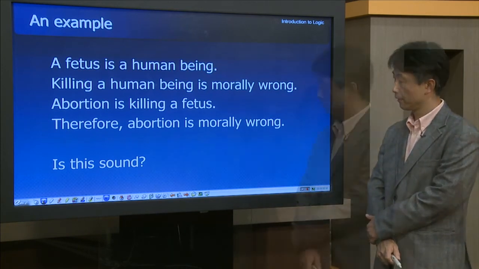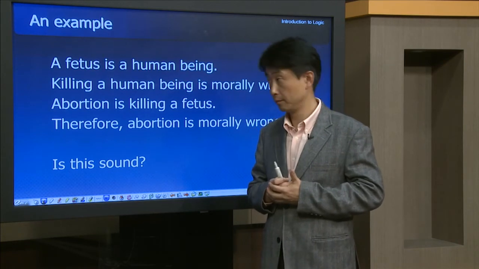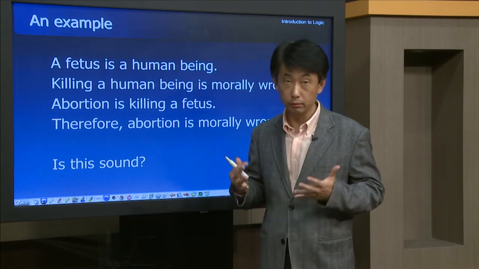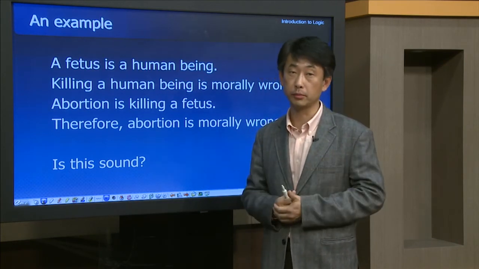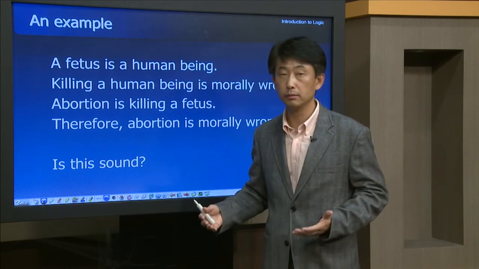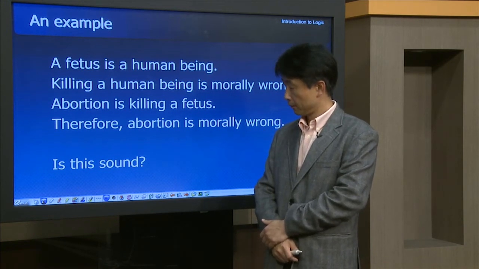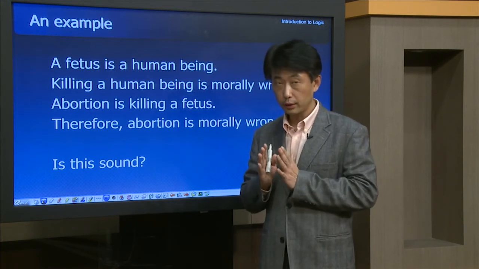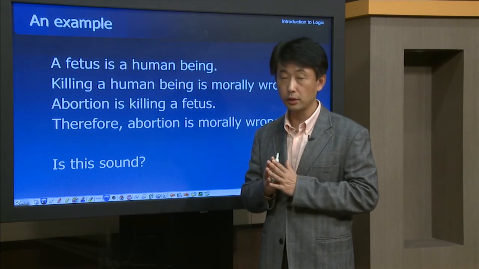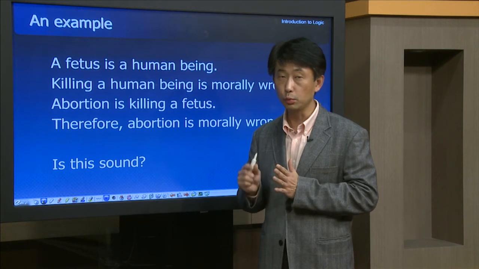Now, whenever we confront an argument, since you have learned the concepts of soundness and validity, you ask this question: is this argument sound? We also learned that there are two ways in which an argument may cease to be sound.